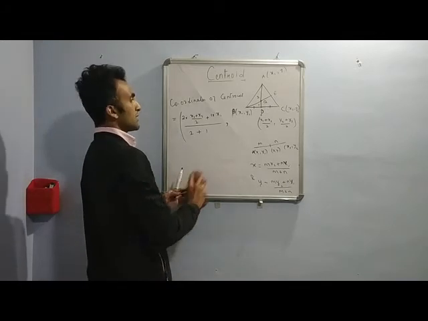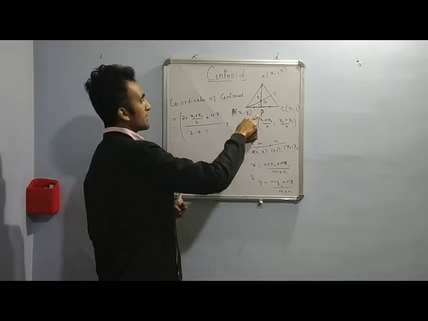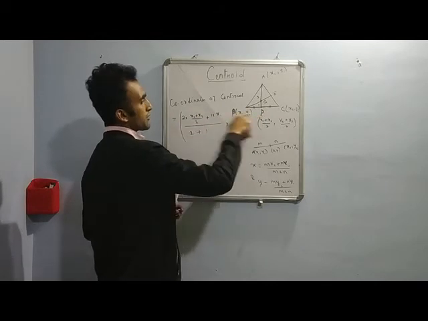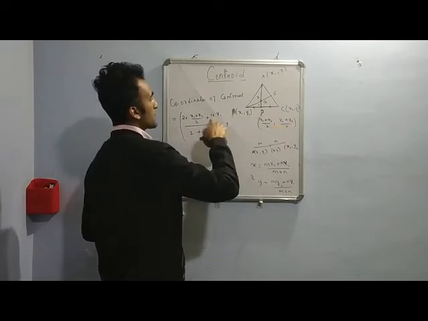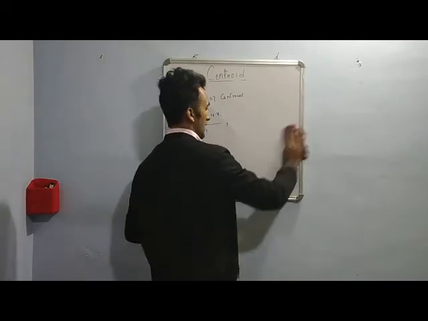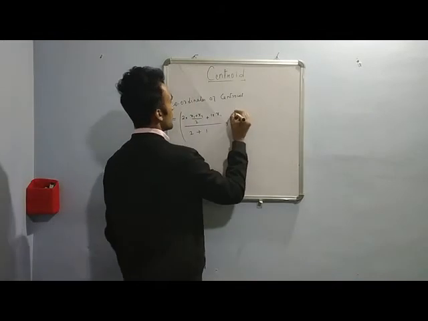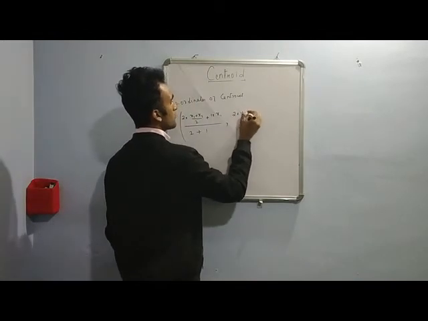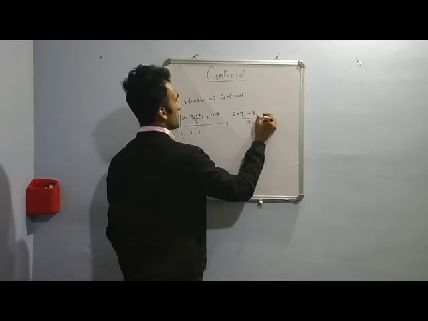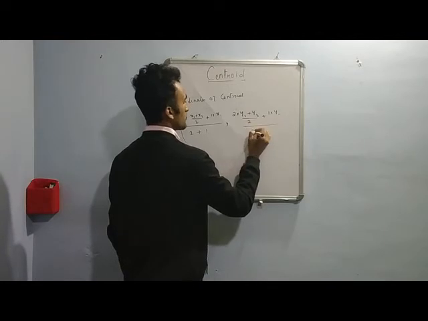In the same way, you can just pause the video here and check. I'm going to write down the y coordinates. I'll write 2 into y2 plus y3 divided by 2, plus 1 into y1, divided by 2 plus 1.